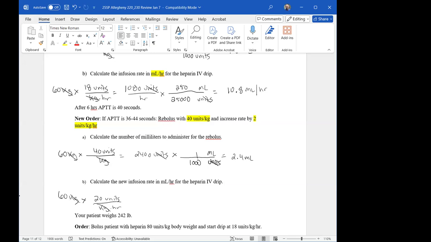And then now we just do our calculations here. So 60 times 20 is 1,200 units per hour. Then we're going to convert units per hour to milliliters per hour, and we're just going to use the IV in order to do that. 25,000 units, 250 ml.